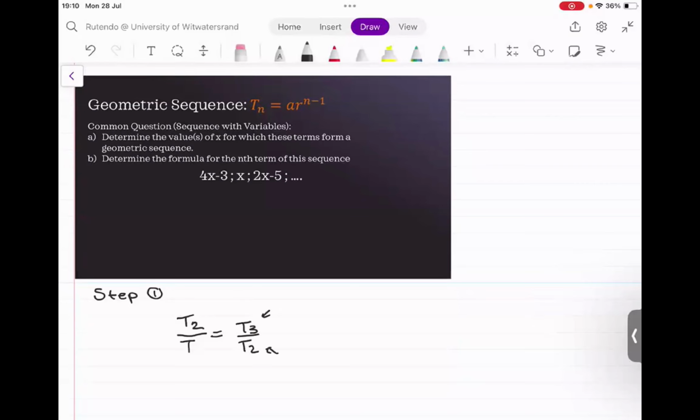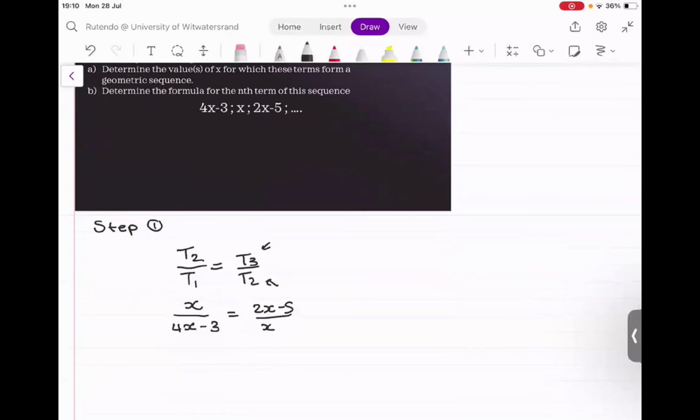T2 we found is x. T1 is 4x minus 3, which is equal to T3, which is 2x minus 5, over T2, which is x. Okay. Ooh, sorry. There you go. What do we do first to get rid of all of these fractions?